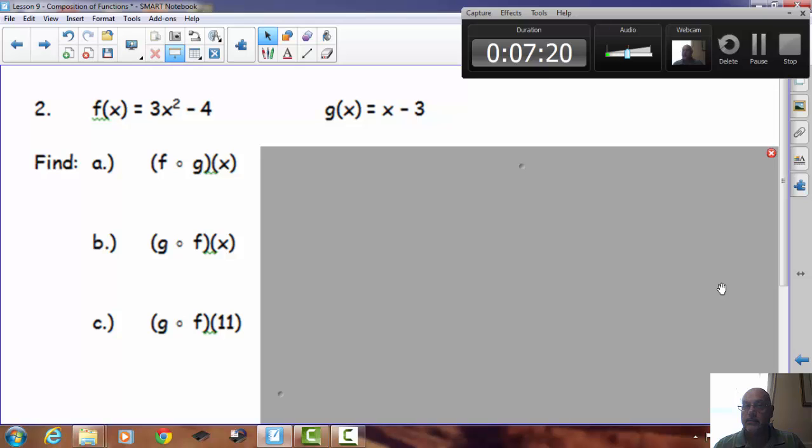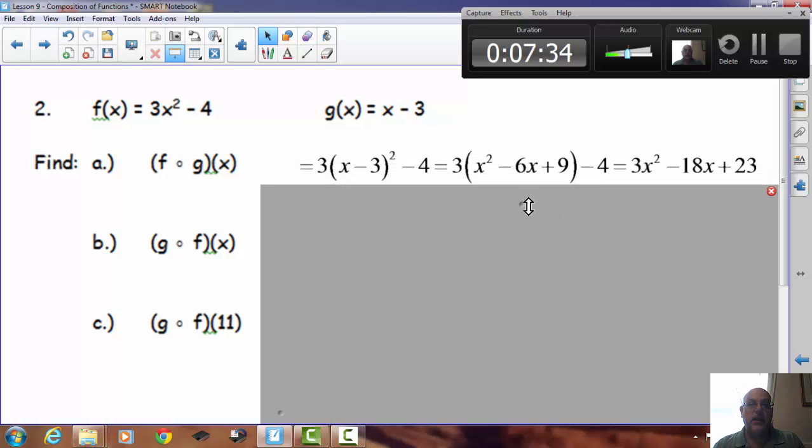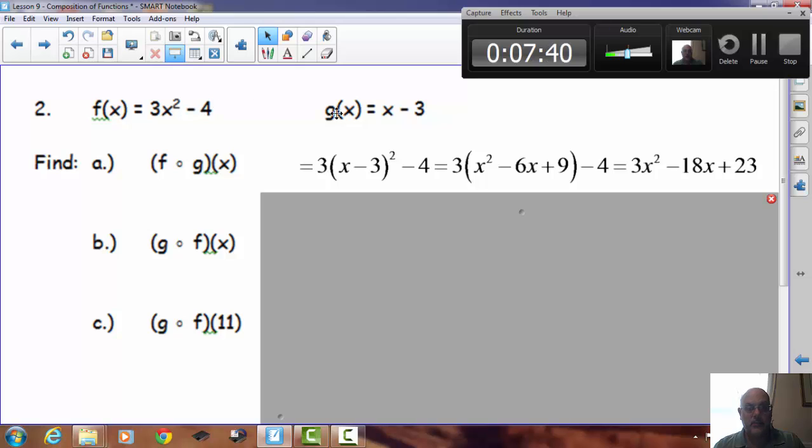Another example, another practice problem, excuse me. F following g of x. That means we take the x minus 3, wrap it in parentheses, and put it here where the x appears. So I did that. X minus 3 squared times 3, and remember I had to drag that minus 4 with it.